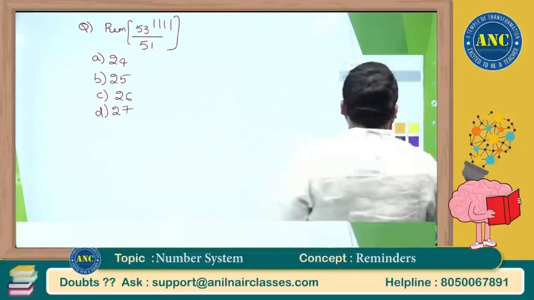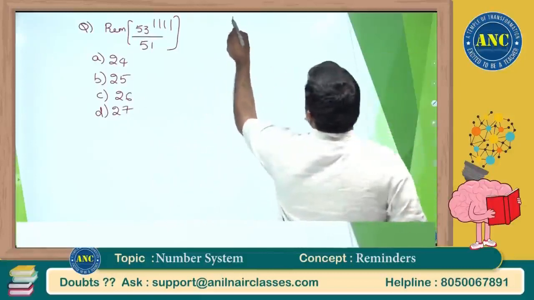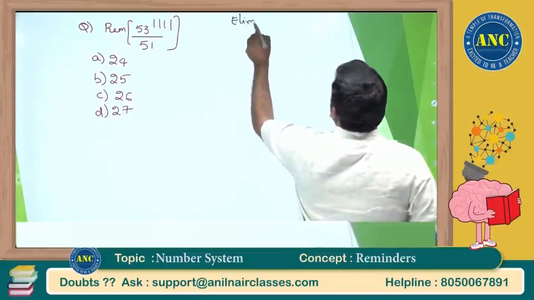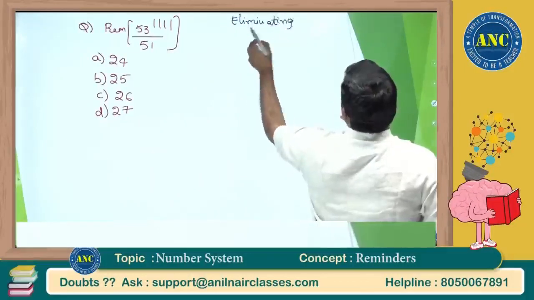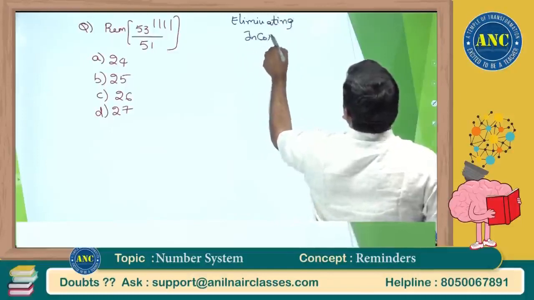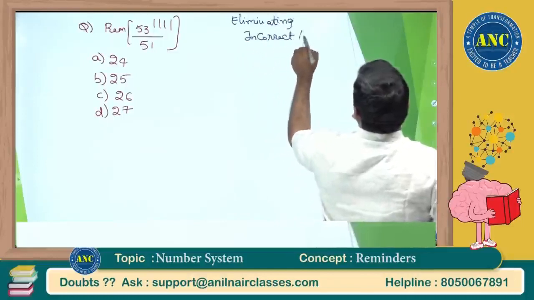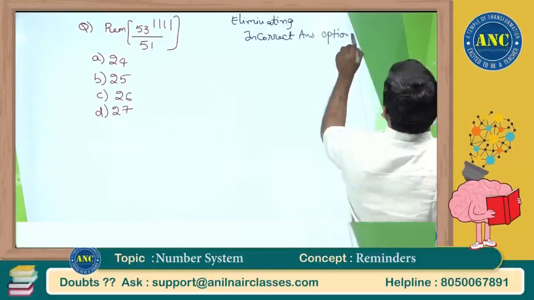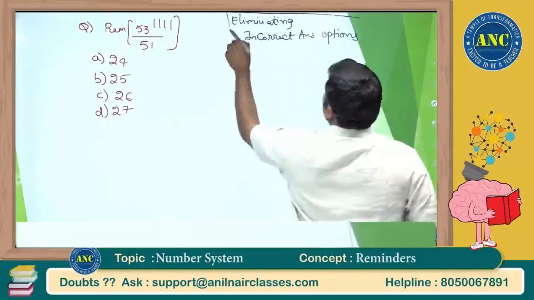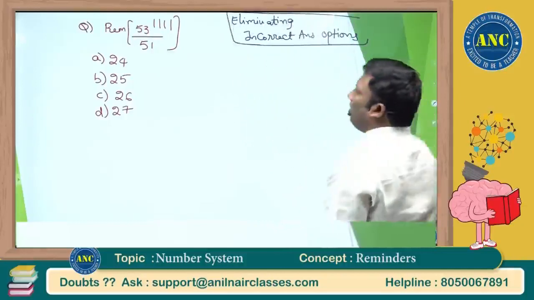I made a statement that the Chinese remainder theorem can help us in eliminating incorrect answer options. How it helps in eliminating incorrect answer options, we will see. This is the point which I said. So let us see how it is used.